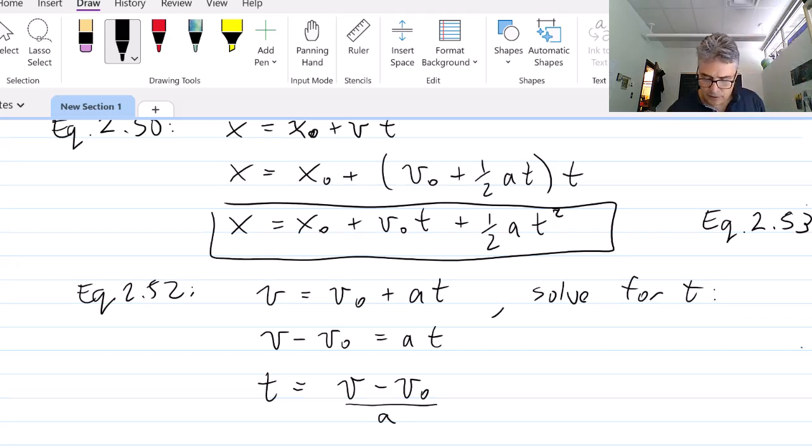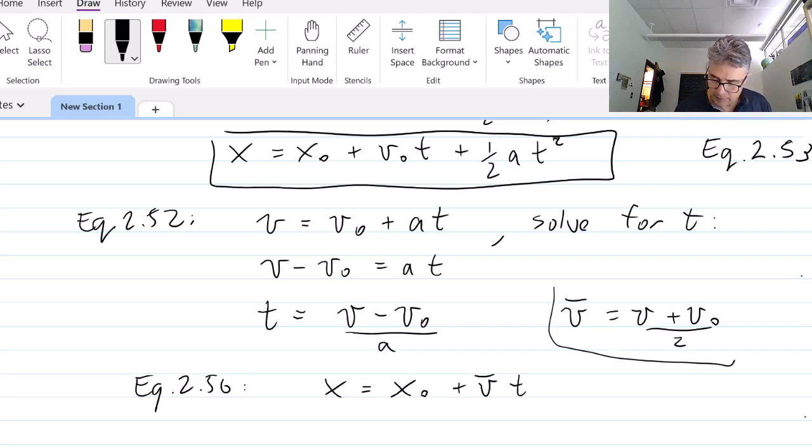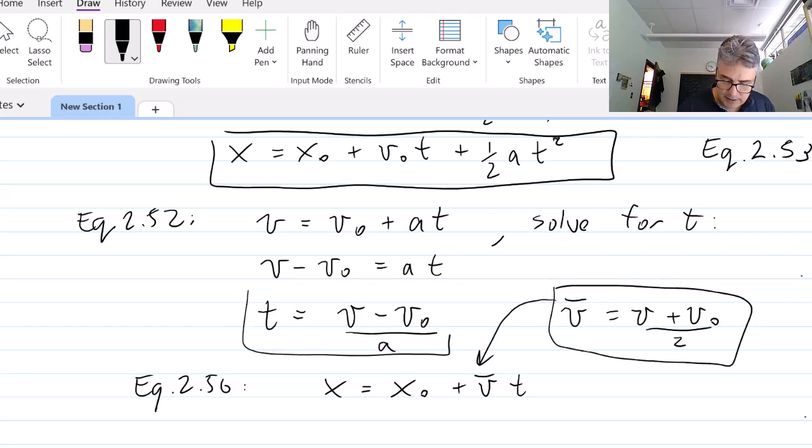And of course we also have that v average is equal to v plus v0 all divided by 2. And again, let's go back to equation 2.50, which is that x is equal to x0 plus the average speed times the time. So what I'm going to do, it's a little kind of complicated, but I'm going to take this average v, I'm going to plug it into there, and then take this t, and I'm going to plug it into there.